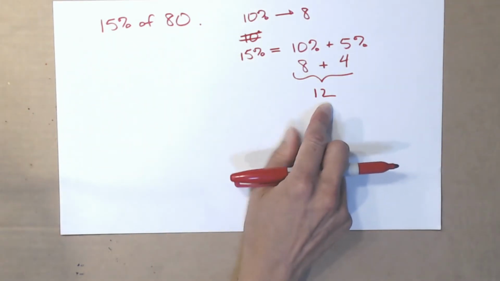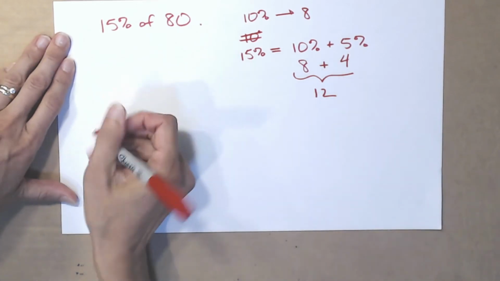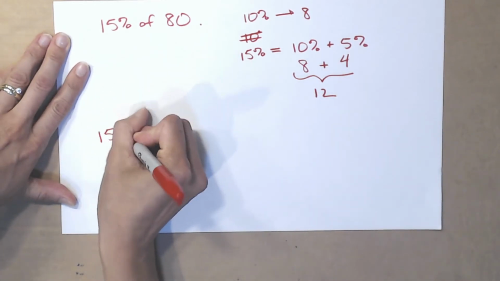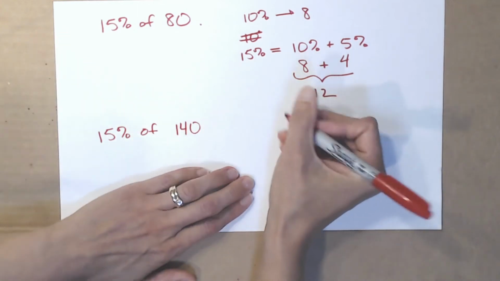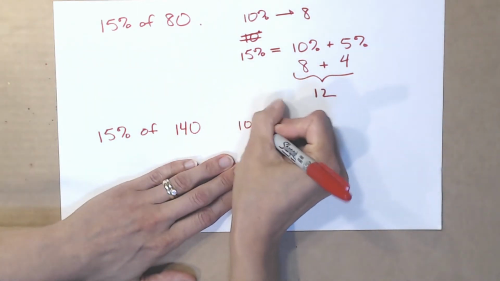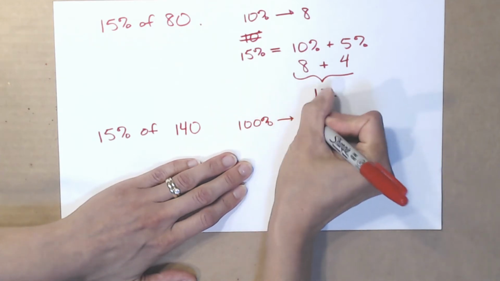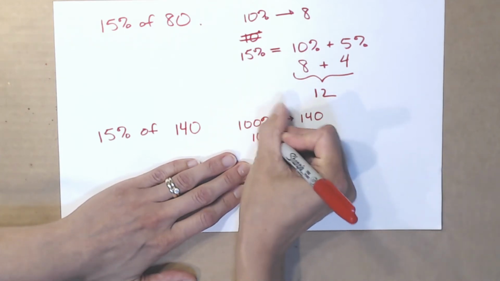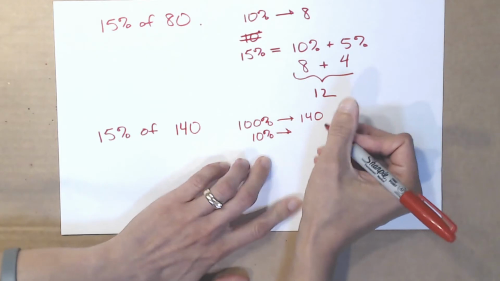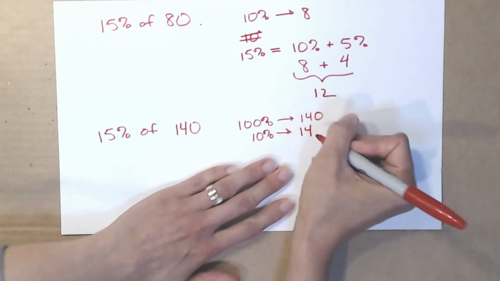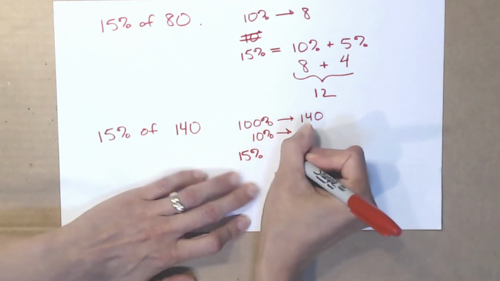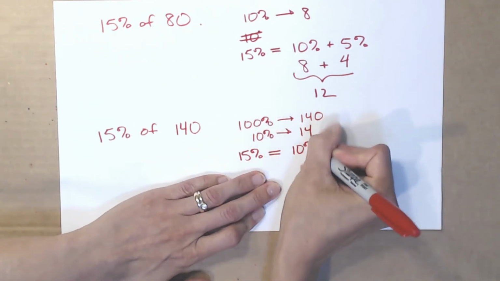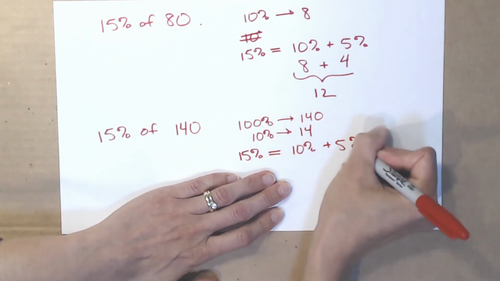Let's do another one with the 15%. 15% of 140. So again, we'll start with 100% is 140, so 10% would be 140 divided by 10, or 14. So now we want to find 15%, which would be 10% plus 5%.